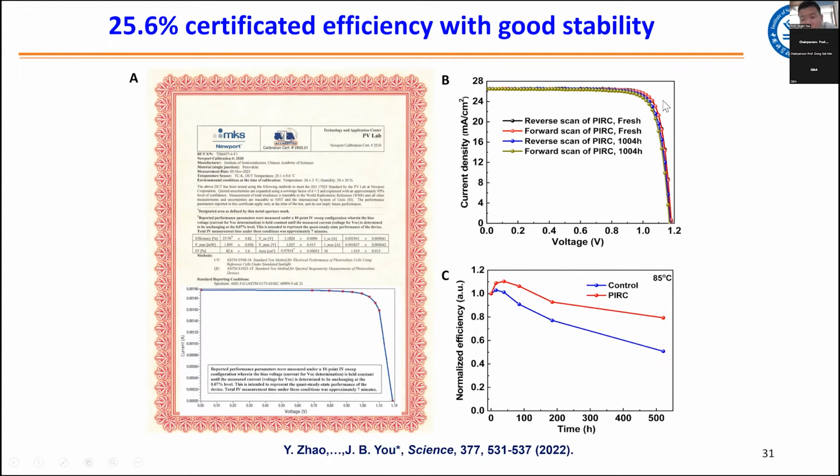For fresh devices without RbCl doped into the perovskite, at the beginning most of the devices can keep very good hysteresis-free behavior. However, after storage the hysteresis becomes larger, because when you store, some of the perovskite is maybe not stable and gradually decomposes into lead iodide.